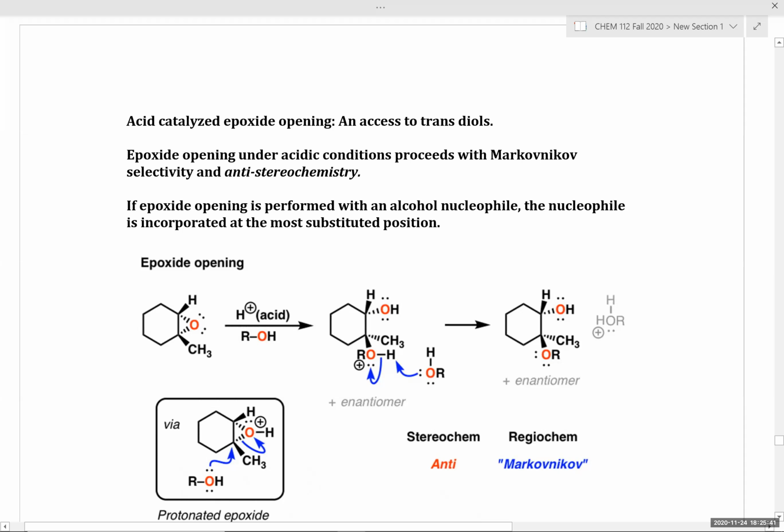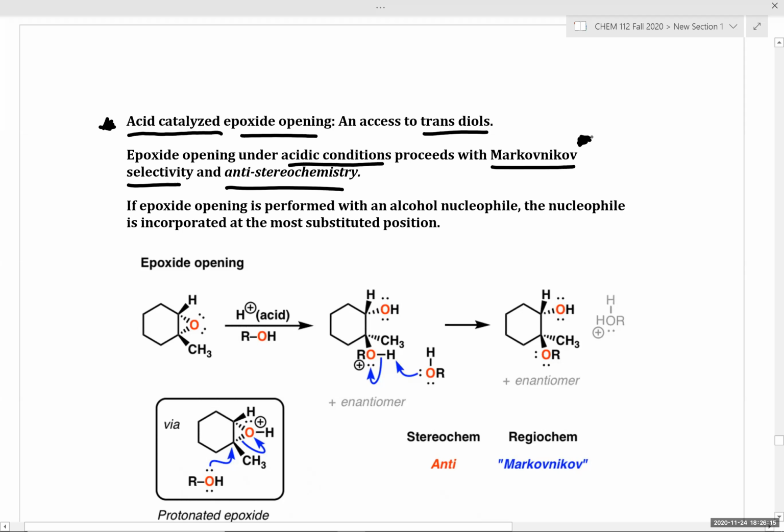And for epoxide opening, depending on whether your conditions are run under acidic or basic conditions, you get different regioselectivity. So this is really important to keep in mind. We're looking at acid catalyzed epoxide opening now, and it provides us access to trans-diol. So epoxide opening under acidic conditions proceeds with Markovnikov selectivity and anti-stereochemistry.